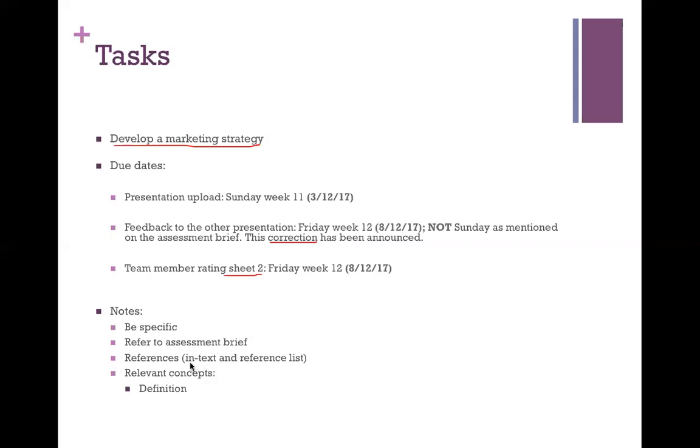Do not forget references, both in-text and reference lists. We are going to use PowerPoint slides to deliver the assessments. Please use references and relevant concepts, at least a brief definition to demonstrate that you understand the concepts. They are the main ones that we need to deliver. Now let's have a look at them one by one.